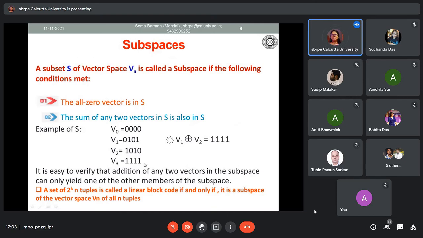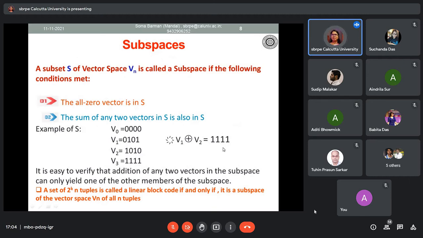Checking any two of these, here we check V1 with V2. If I add V1 with V2, it will generate 0 added with 1, which gives you 1. 1 added with 0 also gives 1. 0 added with 1 also gives 1, and 1 added with 0 also gives you 1. So the modulo operation gives you 1, 1, 1, 1.